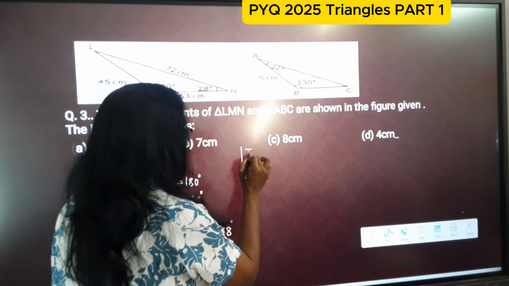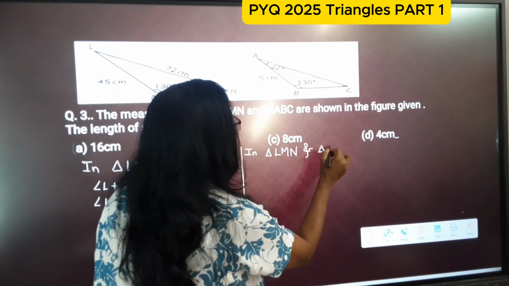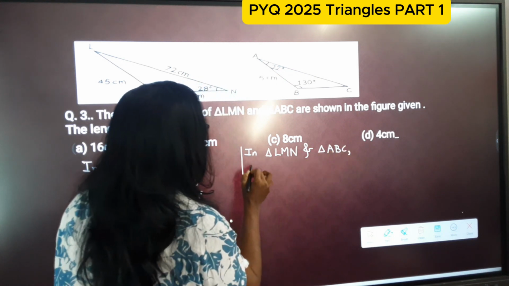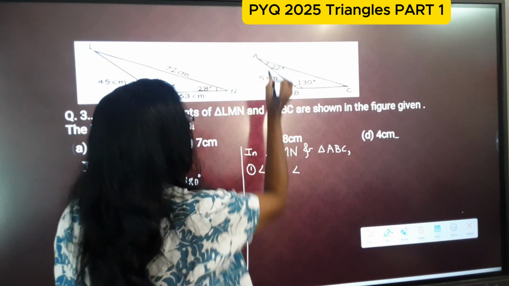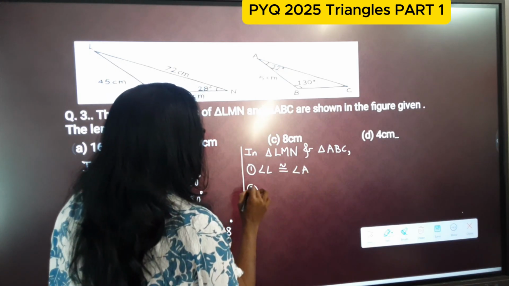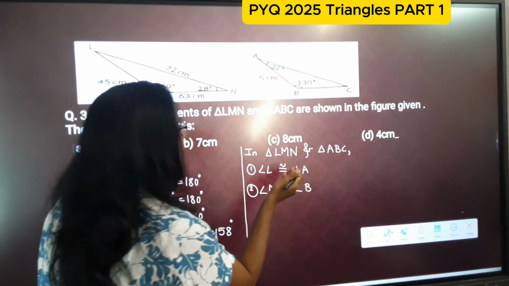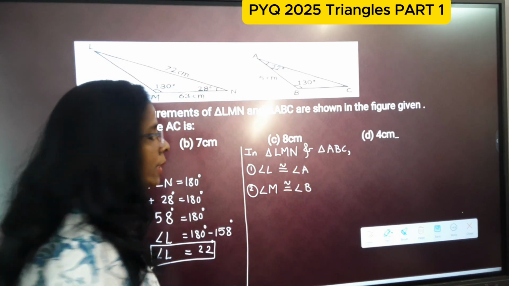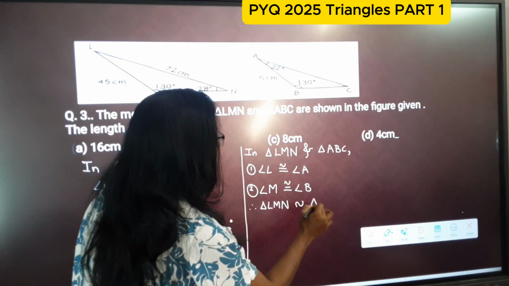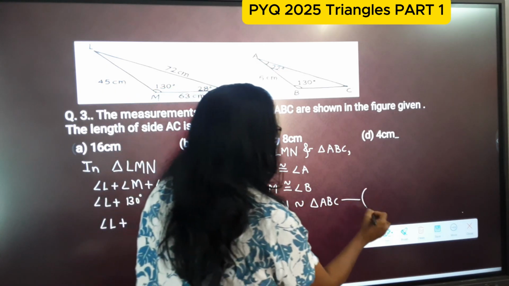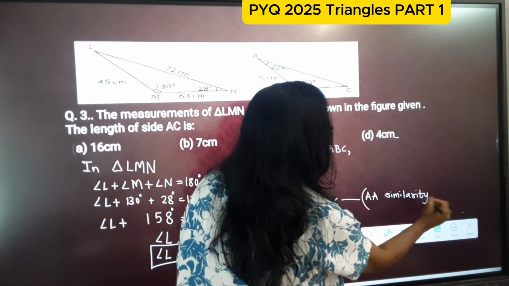That means we can say that in triangle LMN and triangle ABC, our first observation is angle L is congruent to angle A. And second, angle M is congruent to angle B. So now here, as the two angles are congruent, therefore we can say triangle LMN is similar to triangle ABC, by the AA similarity criteria.